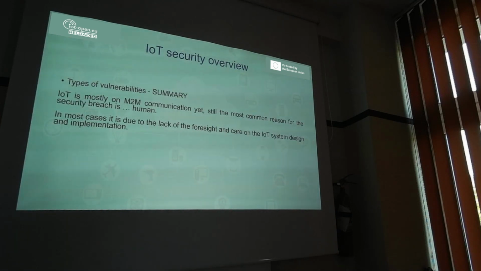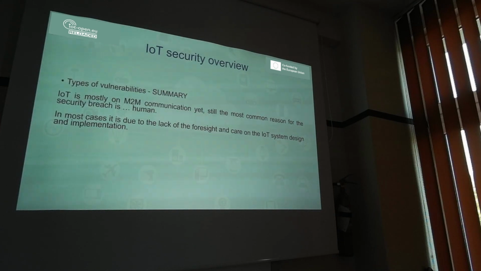Okay. So, regarding the types of the vulnerabilities, summary. IoT is mostly machine-to-machine communication, so we cannot use as an identifier the distinction between synthetic and natural human-like traffic generation. It doesn't work here. But the most common reason for the security breach is still human.